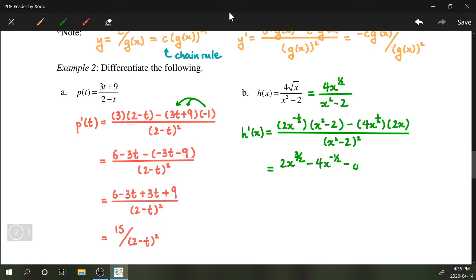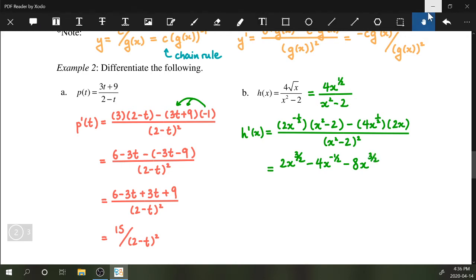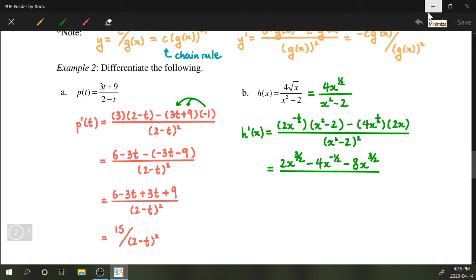And then minus 8. And once again, this will be 1/2 plus 1, which is 3/2. So you can see in this case, we do have some like terms we can combine. And then here we have x squared minus 2, all squared. Of course, that doesn't change. You don't have to expand it, just like in the previous example.